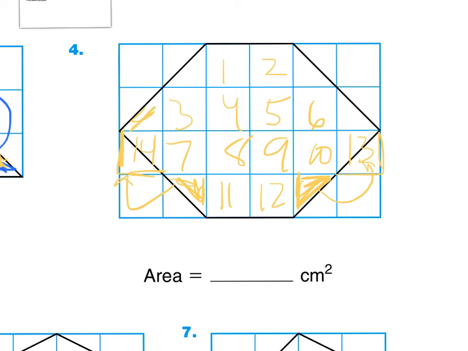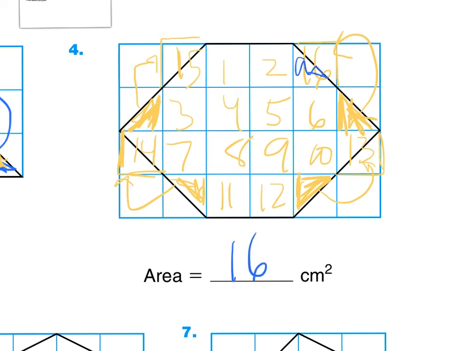Okay, I'm going to take this guy, wrap him over here to make 15. And then I'm going to take this guy, put him over there to make 16. See that? This right here and this one are sharing to make a whole. So your answer would be 16 square centimeters.